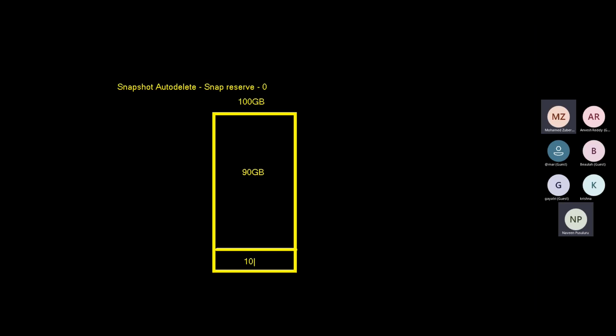Now my data space is full, almost 90 GB, so my entire volume utilization is 95%. Let's assume that. Now it started deleting the snapshots. When it started deleting the snapshots, you'll be gaining space inside the snap reserve. Can my data utilize the snap reserve? No, right? My data will not be able to utilize the snap reserve.